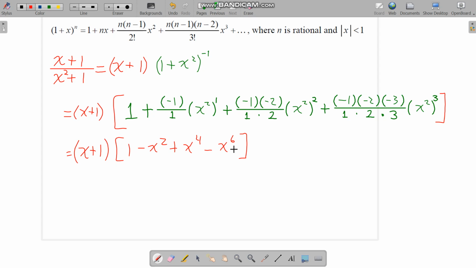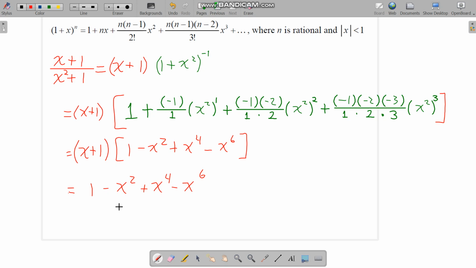If we're looking for the x term or the constant term or whatever, we can multiply certain terms only, but since we don't have the actual question, let's just multiply everything. Multiplying by 1, we get 1 minus x squared plus x to the power of 4 minus x to the power of 6.